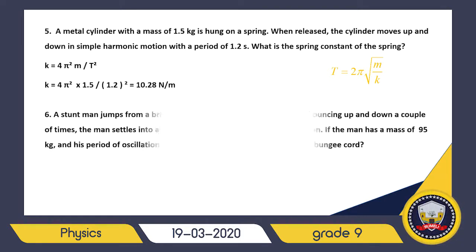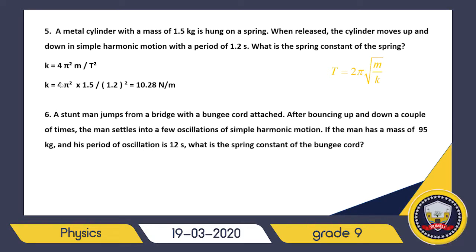Another one. A stuntman jumps from a bridge with a bungee cord attached. After bouncing up and down a couple of times, the man settles into a few oscillations of simple harmonic motion. If the man has a mass of 95 kilogram and his period of oscillation is 12 seconds, what is the spring constant of the bungee cord?